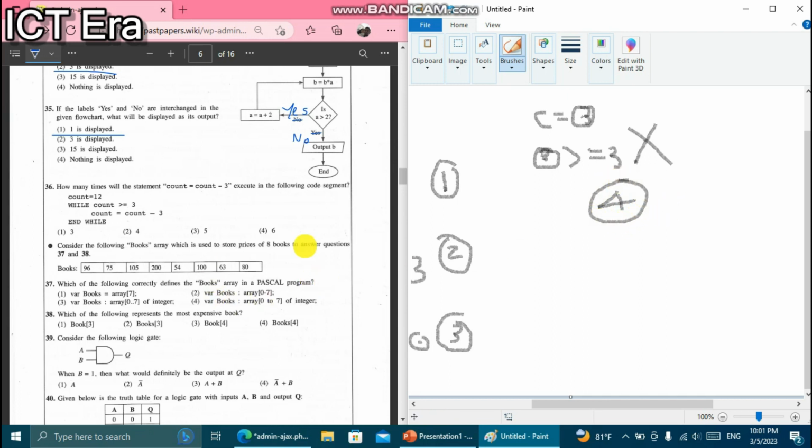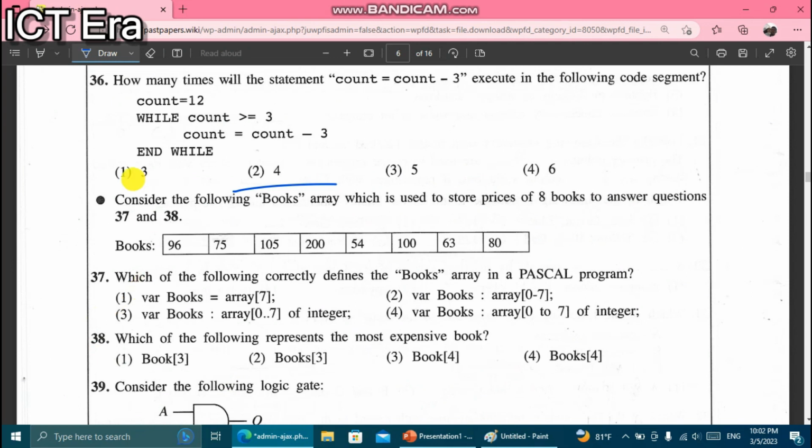So how many times together does it go? How many times will this statement execute? 1, 2, 3, 4 times. 4. Right. Now next one. Consider the following books array, which is used to store prices of 8 books, to answer questions 37 and 38. Which of the following correctly defines the books array in a Pascal program?